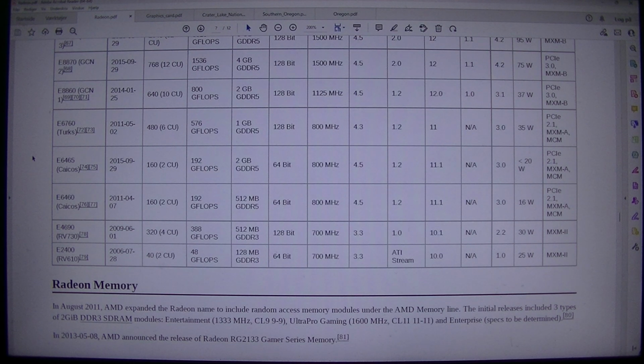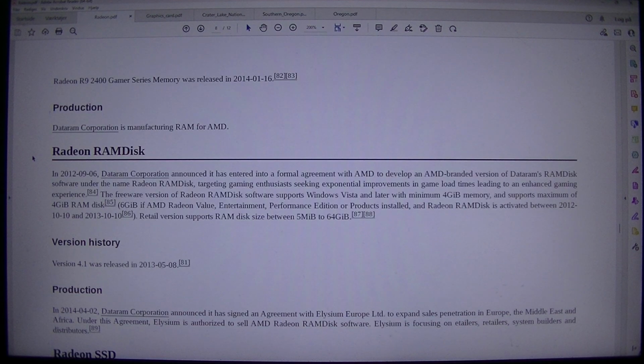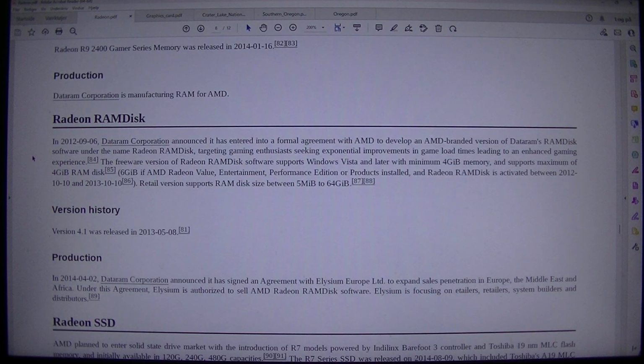On the 8th of May, 2013, AMD announced the release of Radeon R9 2133 Gamer Series memory. Radeon R9 2400 Gamer Series memory was released on 2014-01-16. Production: DatARAM Corporation is manufacturing RAM for AMD.